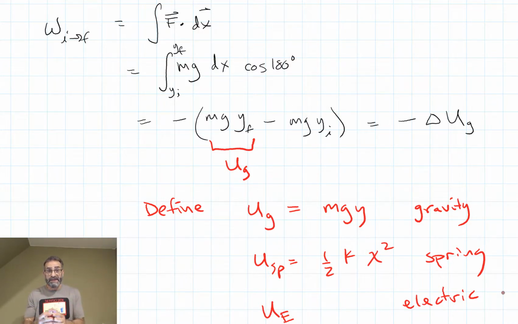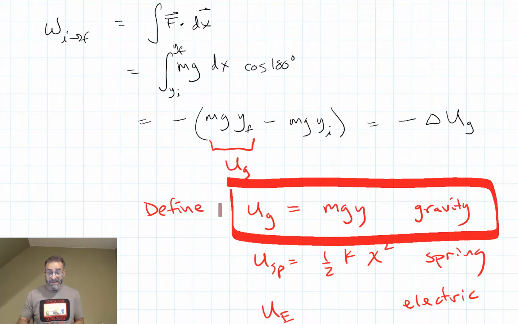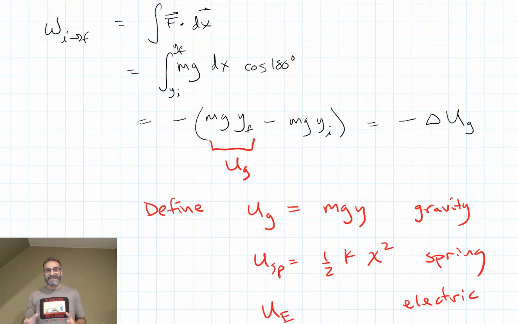It's important to define a system when you do a problem. So for a gravity problem, if you include the Earth in your system, you would use gravitational potential energy to account for changes in energy within the system. If you exclude the Earth from your system, then you can't use gravitational potential energy.